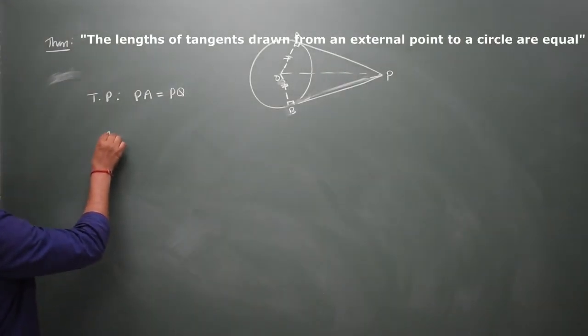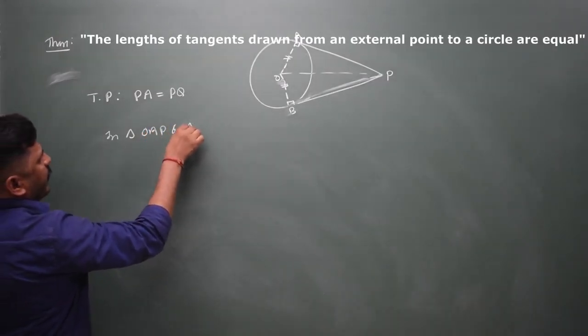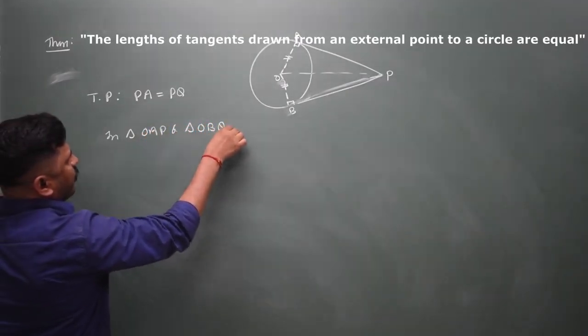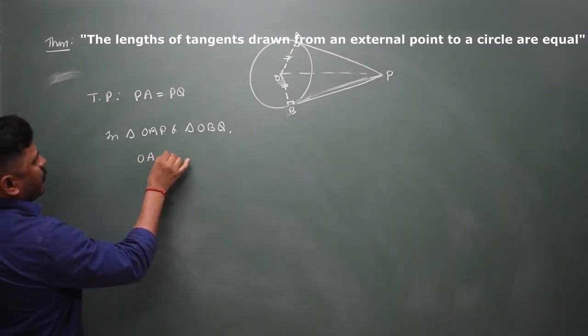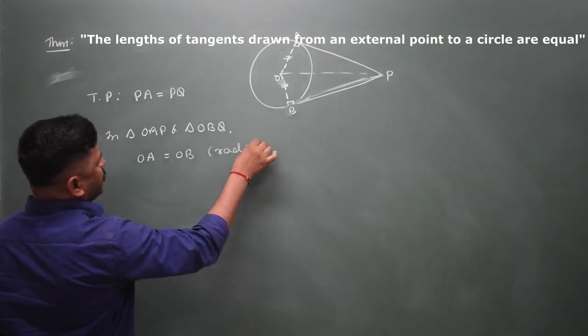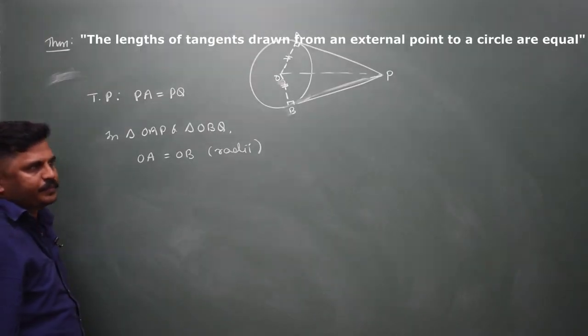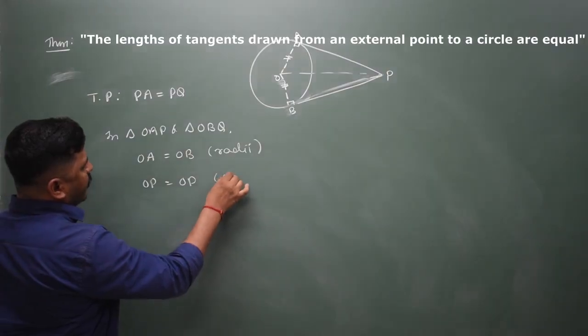So in triangle OAP and triangle OBQ, OA equals OB, radii of the circle. Next, OP equals OP, which is common.